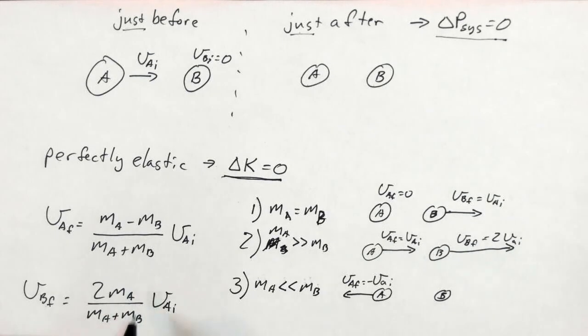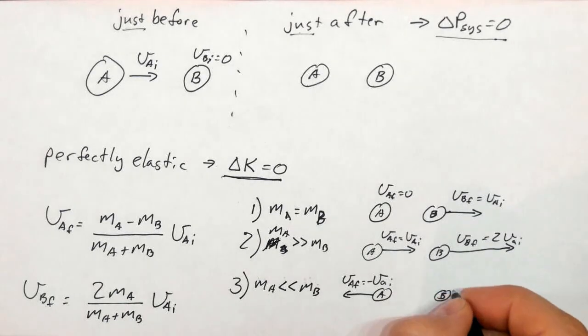Now MA is super small compared to MB, so a small number divided by a big number is basically 0. 1 divided by a million is a millionth, and so that's pretty small. And so this is basically 0, and we have VB final is basically 0. So VB final equals 0.